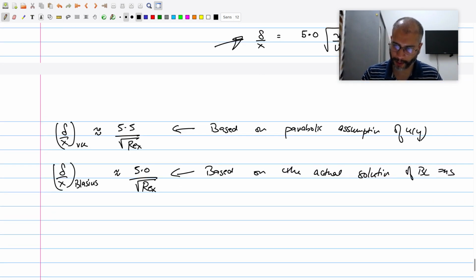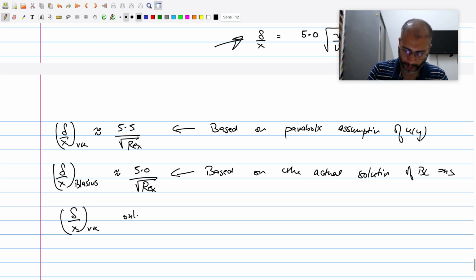So the parabolic assumption that von Karman had made wasn't very bad. In fact, that gives us a solution which is only 10% higher. So let's write here: delta by x from von Karman is only 10% higher than the correct solution. The correct solution is what we call this one.